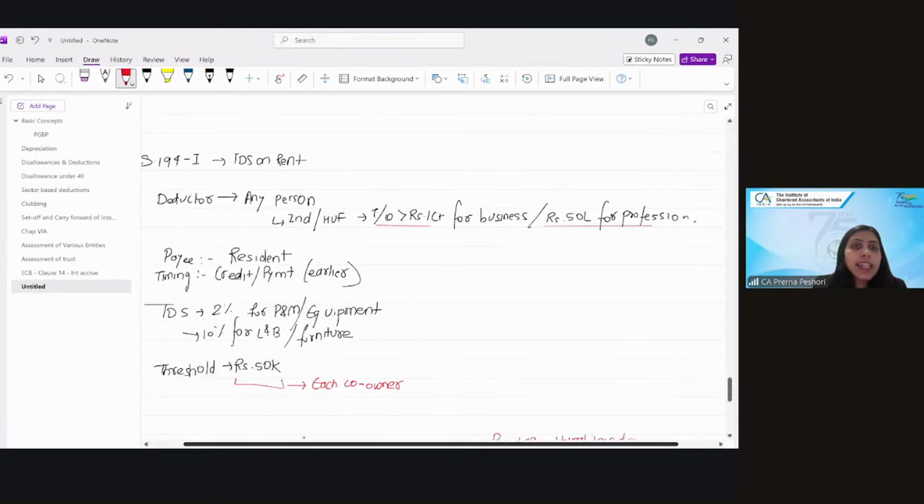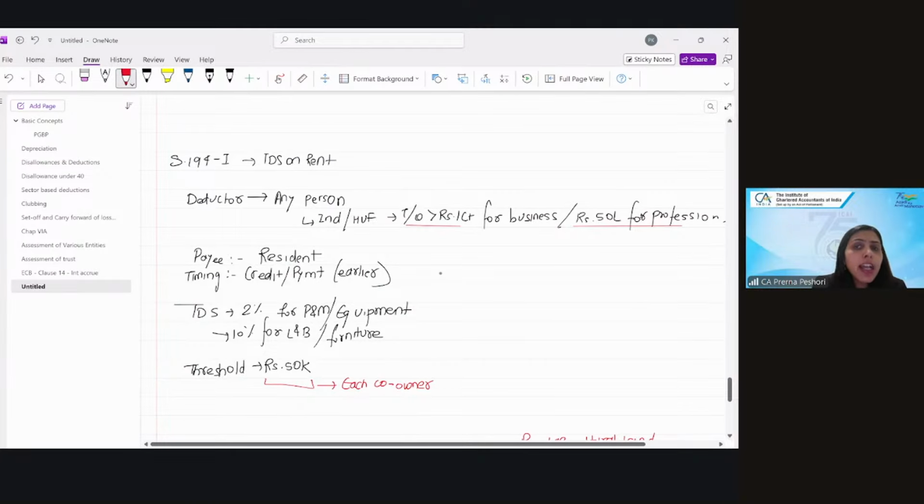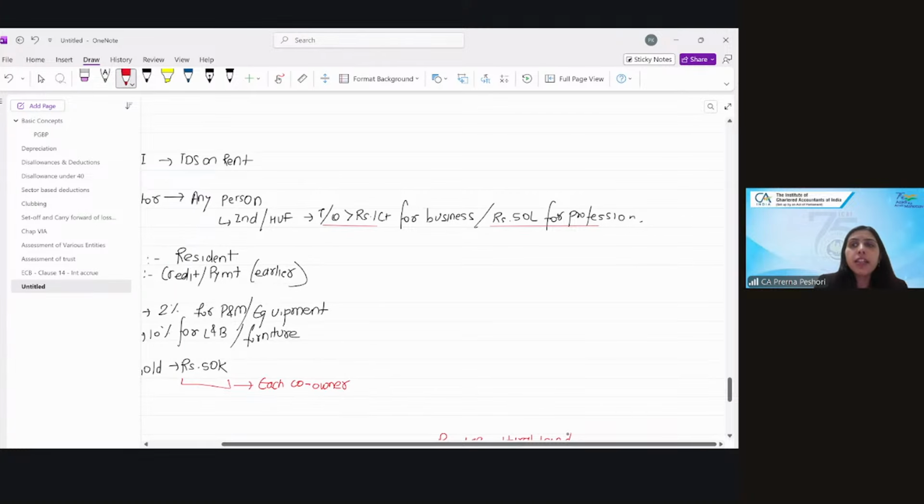So, in case I am covered under 194I, I will go by that. But if I am an individual or HUF who is not covered by 194I, then in that particular case, I will be governed by 194IB.